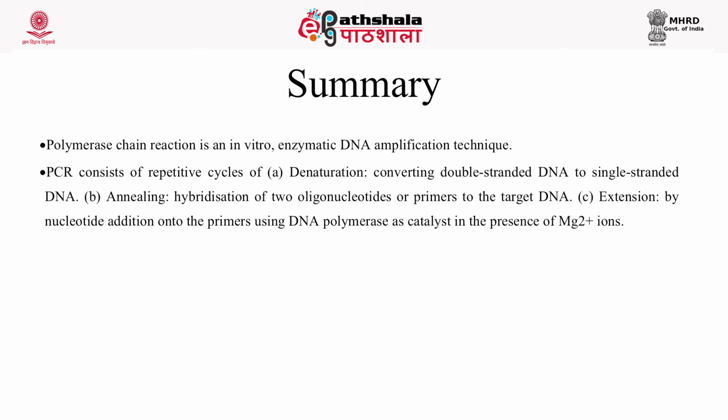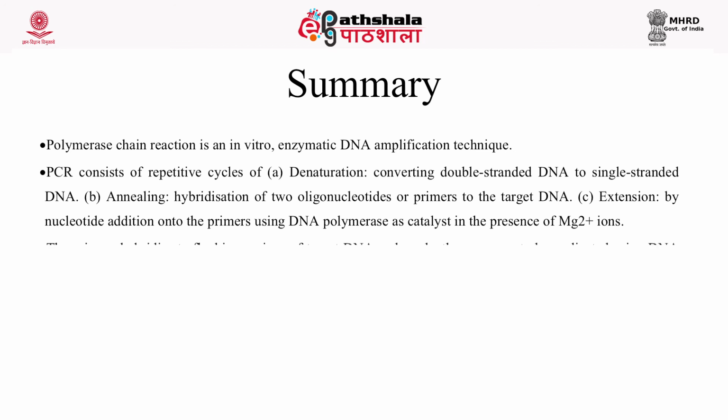In the second step, that is annealing, primers are used to bind to specific sequences of DNA so that our target DNA is amplified. The third step is extension, in which DNA polymerase, that is Taq polymerase, which is a thermostable DNA polymerase, extends the primers and makes copies of the desired DNA.